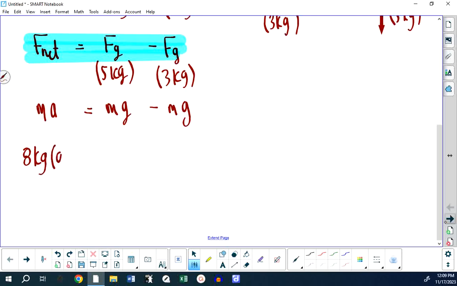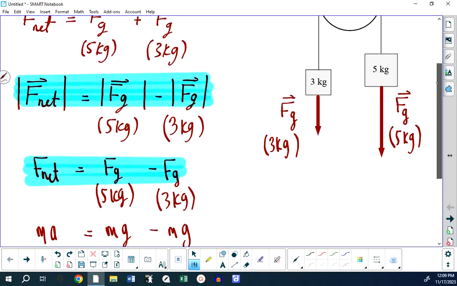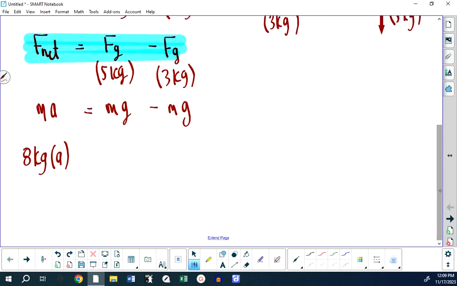If you want to determine the acceleration of the entire system, then that ma will be ma of the entire system. So we're simply adding that 3 kilogram mass and the 5 kilogram mass together to get 8 kilograms. And then over here we're going to have 5 kilograms times 9.81.